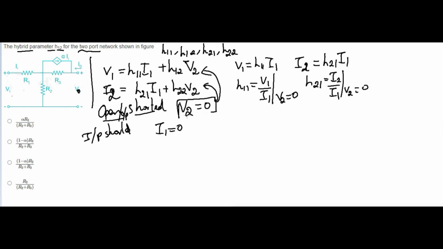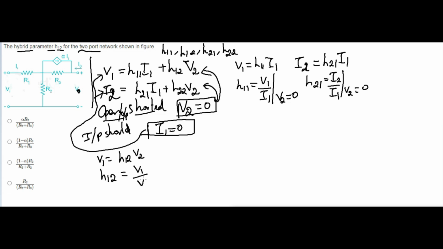You have to apply I1 equal to 0 in both equations. In the first equation, I1 is 0, so the first term becomes 0 and you get V1 is equal to H12 V2. So H12 is equal to V1 divided by V2, considering I1 equal to 0. That's alright.